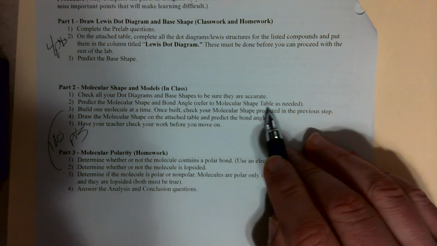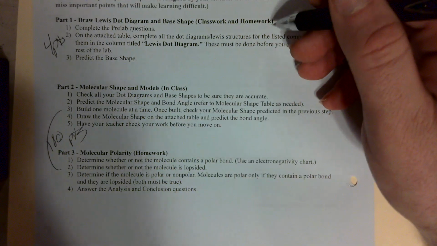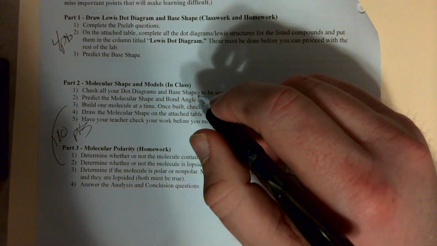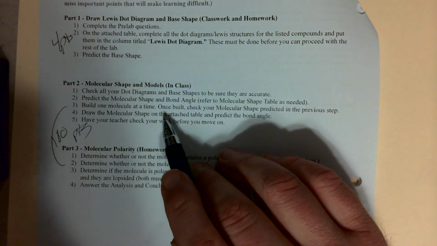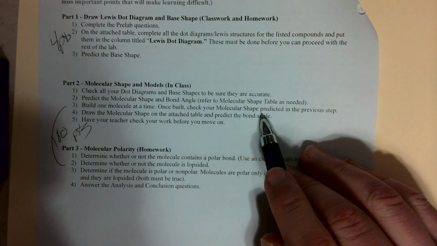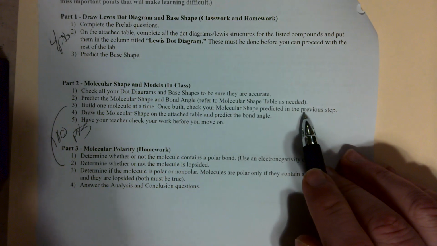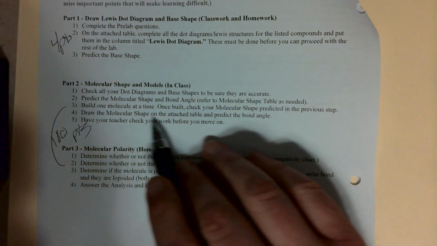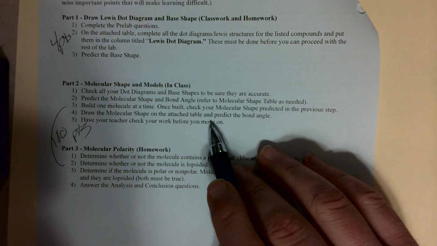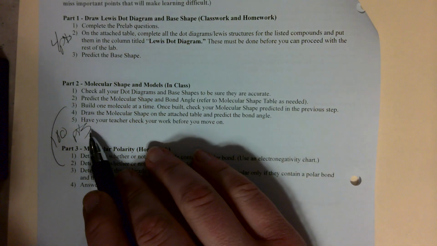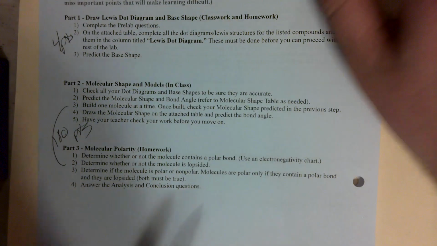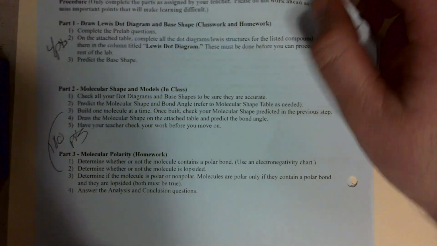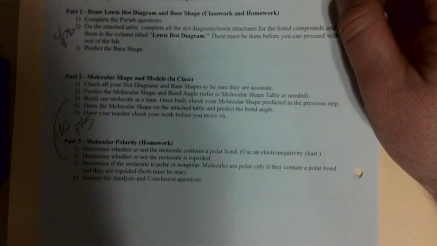Refer to the molecular shape table as needed. So that's the stuff that we already did. Build one molecule at a time. Once built, check the molecular shape predicted in the previous step. Draw the molecular shape on the attached table to predict the bond angle. And when I see you, I will be able to check your work to see if you're ready to move on.